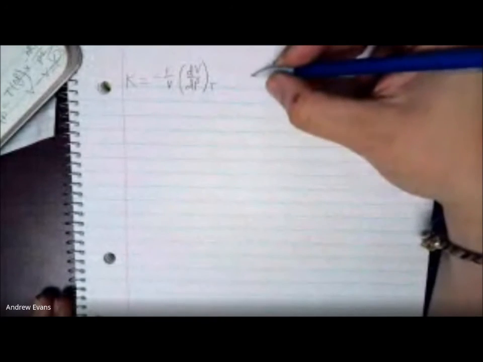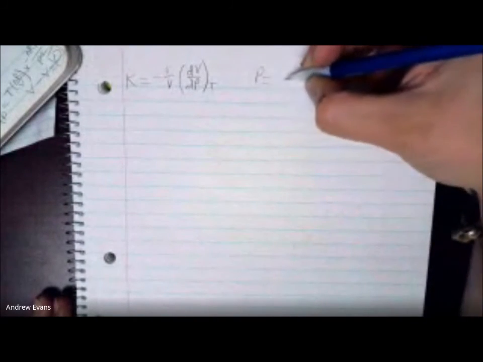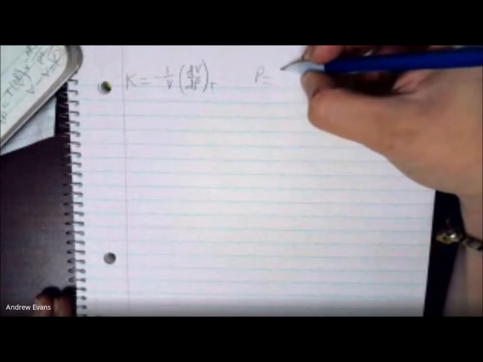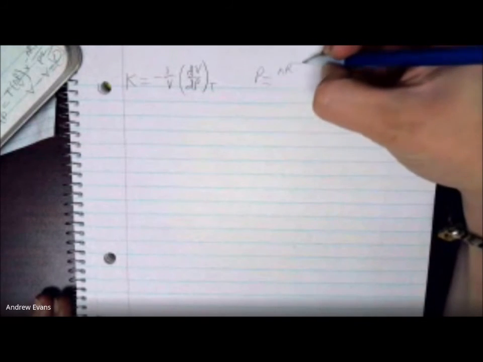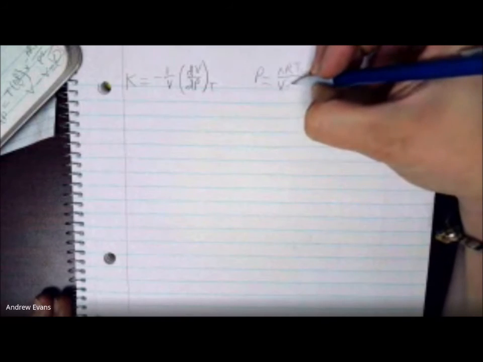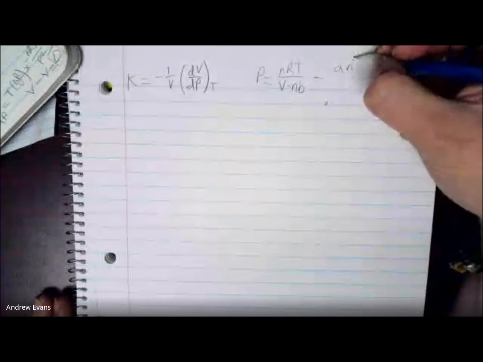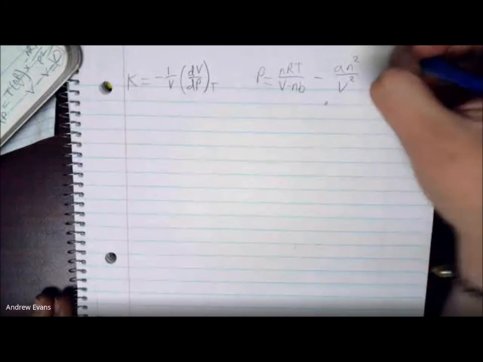A van der Waals gas, remember, utilizes the equation P equals nRT over V minus nb, minus a n squared over V squared.